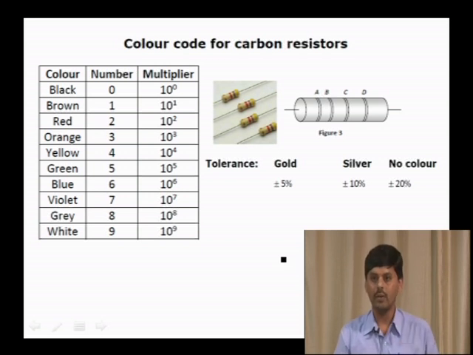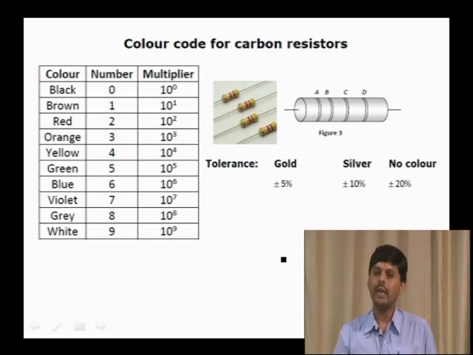On the left side of this diagram, the type of resistor is given, with four bands A, B, C, D. The first band indicates the first significant digit, the second band indicates the second significant digit, the third band indicates the power of 10, and the fourth band indicates the tolerance.